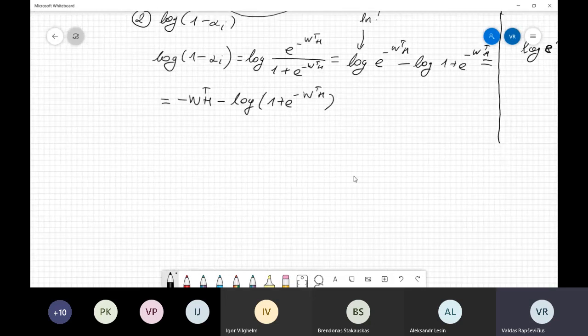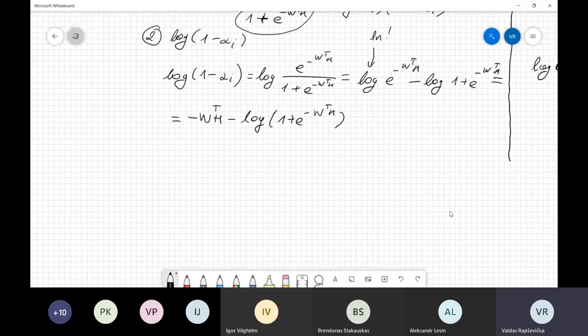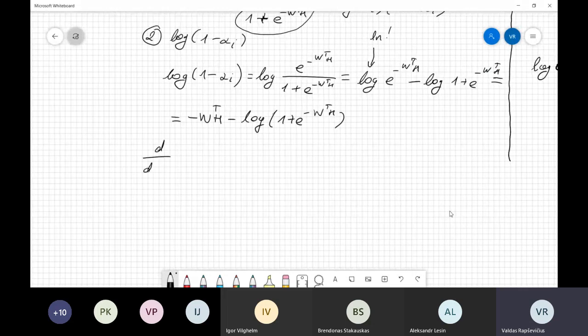So let's take a look at what we have here. The partial derivative with respect to one of the weights of log of 1 minus alpha i is equal to: the derivative of the first term is the feature, the j feature again.